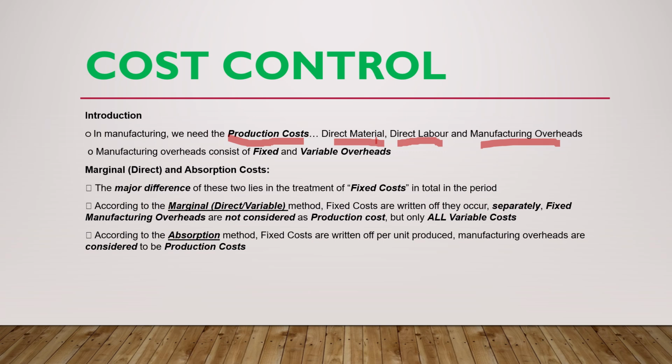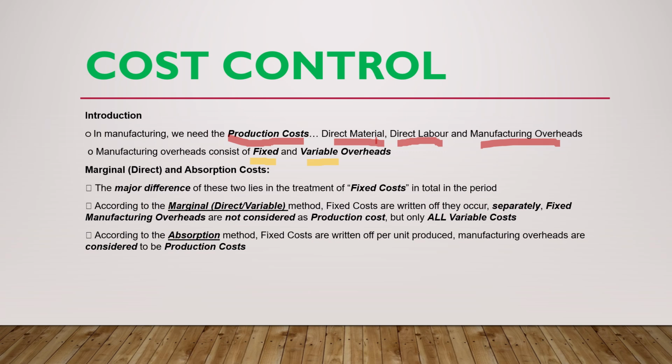Now you must also remember that your manufacturing overheads are divided into two: fixed manufacturing overheads and variable manufacturing overheads. That's the first start. You need to know how you calculate the production cost, by adding direct material plus direct labor plus manufacturing overheads, which is divided into fixed and variable parts.